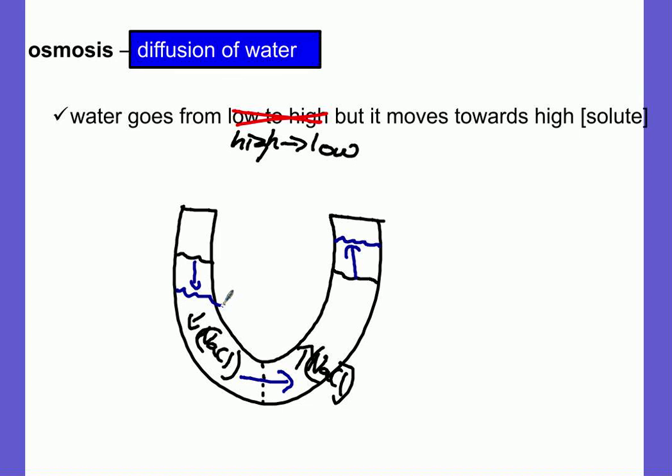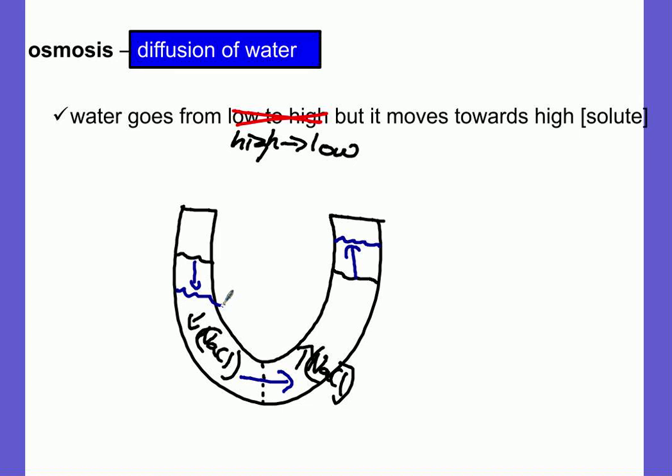And that actually will happen if you set up something like this because there's a certain amount of pressure that osmosis can put on this situation. Whatever pressure, whatever force you'd have to use to push this side down and make it balanced again, that's equal to the osmotic pressure. And if you think about that in context of a cell, that little water balloon, what happens when that pressure builds up too much?